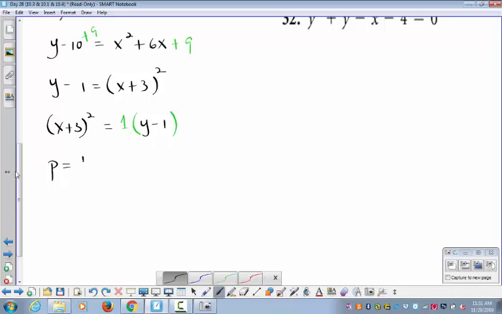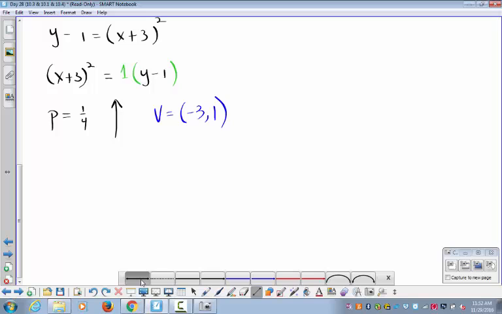P is 1/4. Which way does it open? Up. So the x's are squared, the y's are not, which is vertical. And because P is positive, it opens up. What's the vertex? -3, 1.